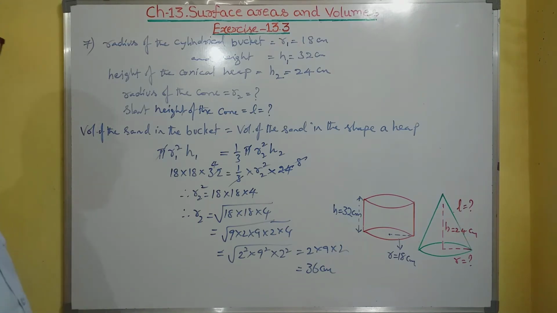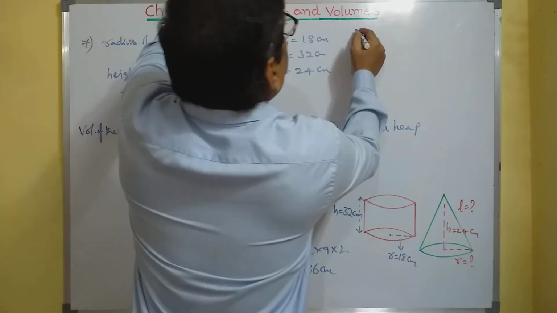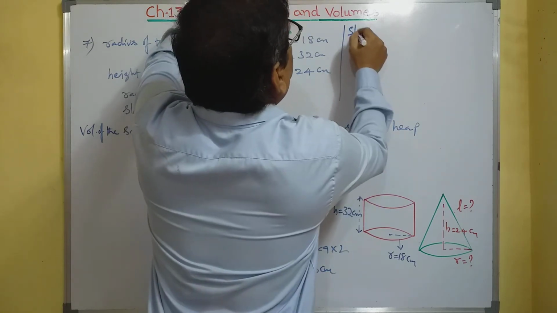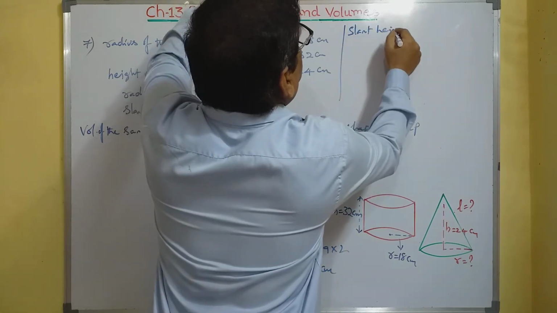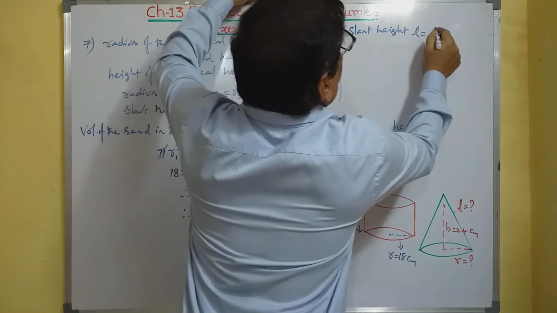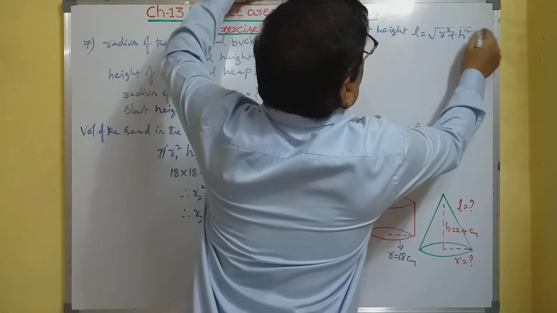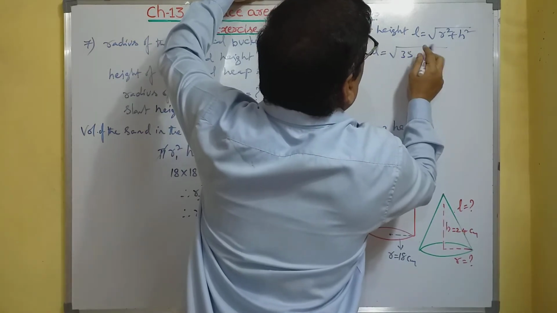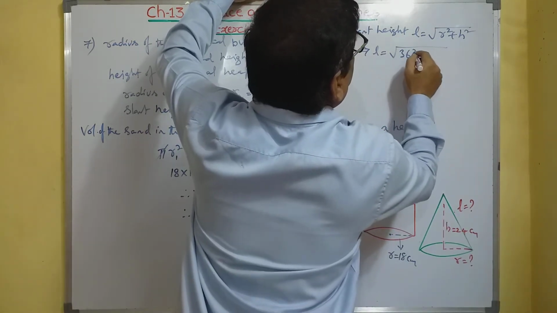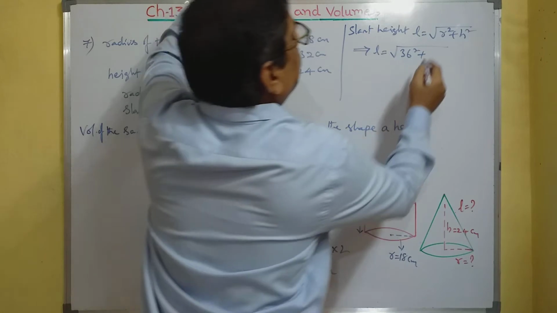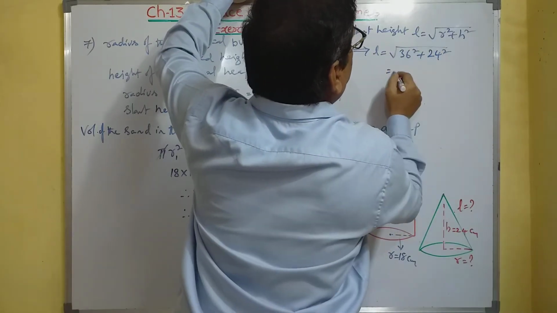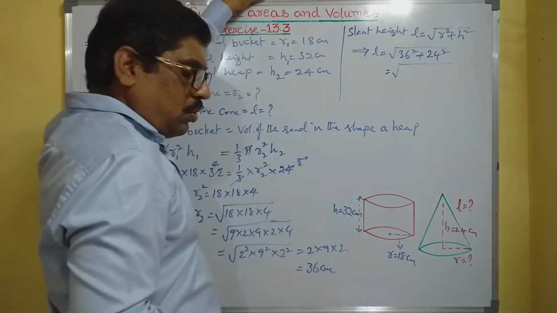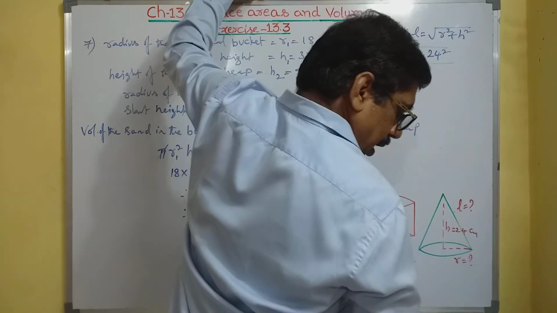Now we have to find the slant height. What is the slant height formula? Slant height L is equal to square root of r square plus h square. We have this formula. This implies L is equal to square root of r value 36 square plus, what is the height? 24 square. Now we will have the r and h.